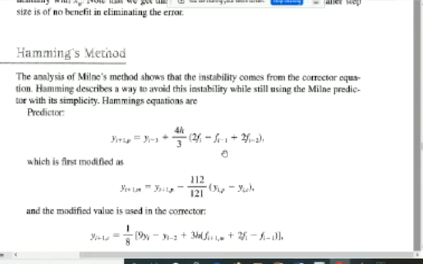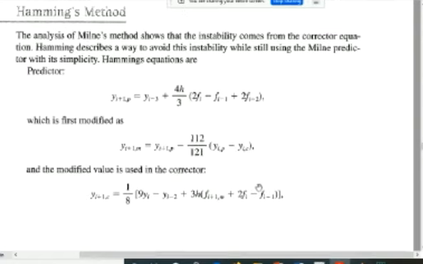After that, we modify that by these equations: y_{i+1}^p, which comes from the previous equation, minus this fraction times (y_i^p minus y_i^c), where p refers to predictor and c refers to corrector at the previous steps.